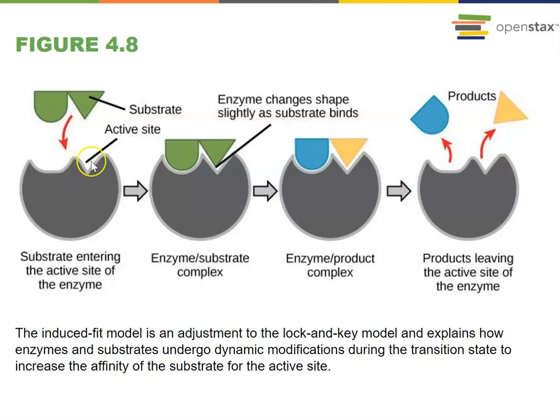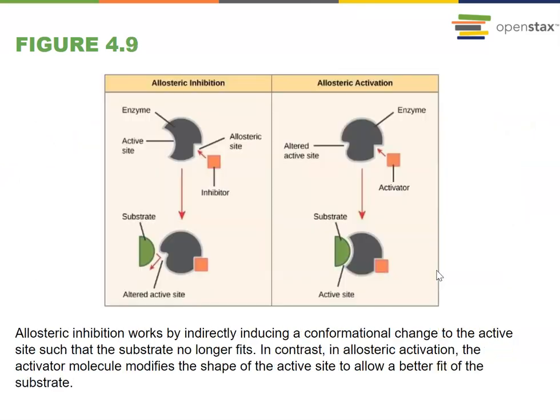The substrate came in, bound to the active site, then the enzyme lowered the energy required to turn this triangle and this semicircle thing into its separate components. So that's what I want you to know: enzymes lower activation energy, and they have this active site that substrates need to bind to in order for them to work.